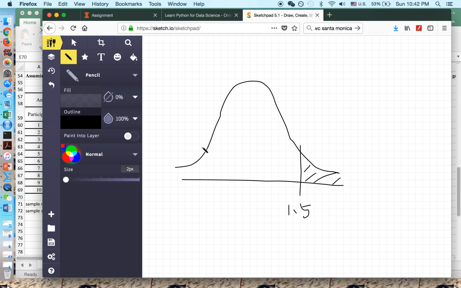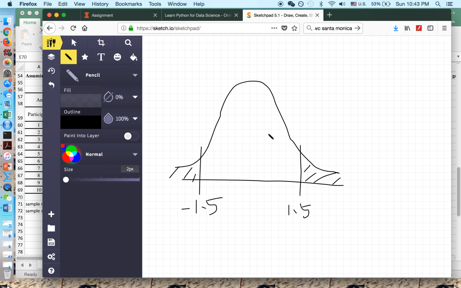So in a two-tail test, we want the combined area, which is here, right? Because the t distribution is symmetrical, we're actually looking for the combined area of these two shaded areas. So how do we do that?